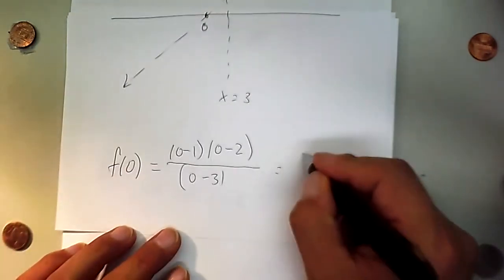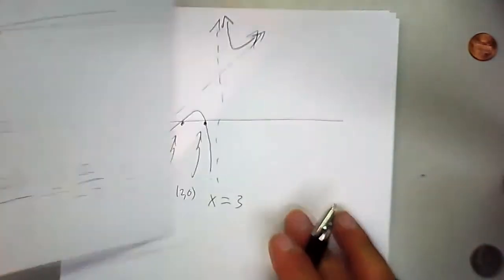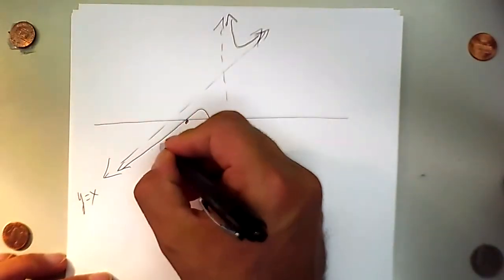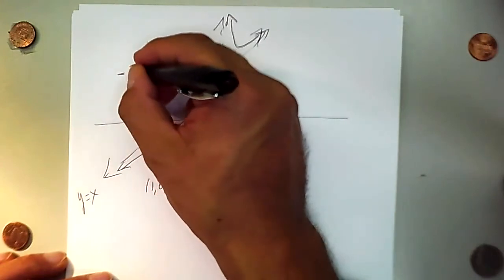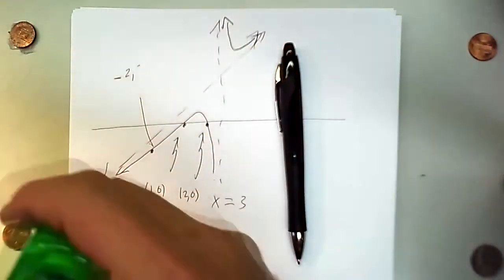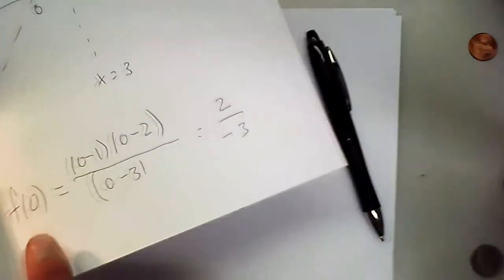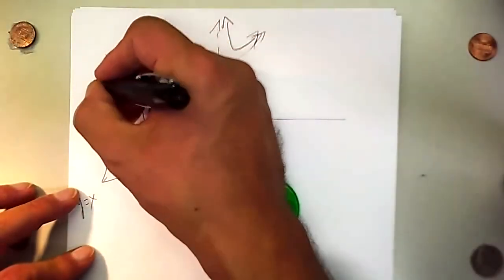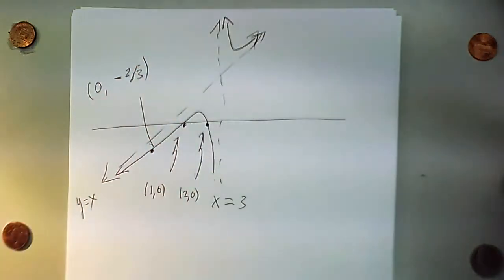And that's going to give us 2 over negative 3, or negative 2/3. So the y-intercept will be here somewhere. 0 for the input, negative 2/3 for the output. I guess we can do this. 0, negative 2/3. There we go.